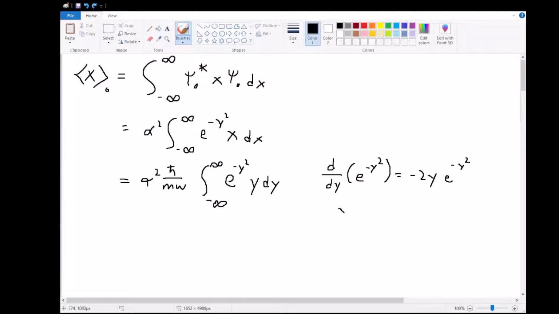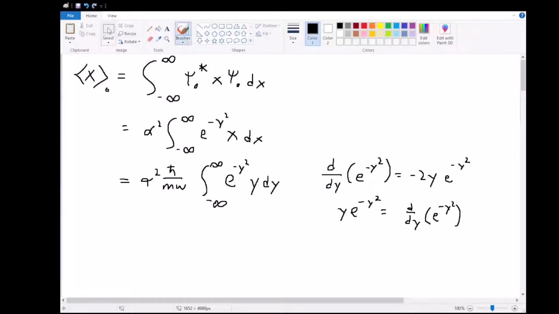So what we can say is that y times e to the negative y squared is actually equal to negative d by dy of e to the negative y squared. So if we replace that here, or actually there's a negative 1/2 here. My apologies, I made a mathematical error.